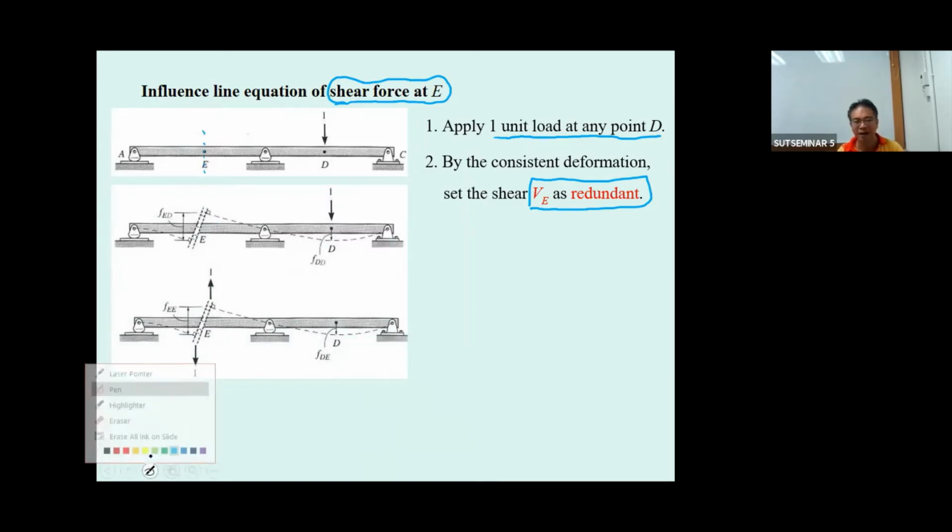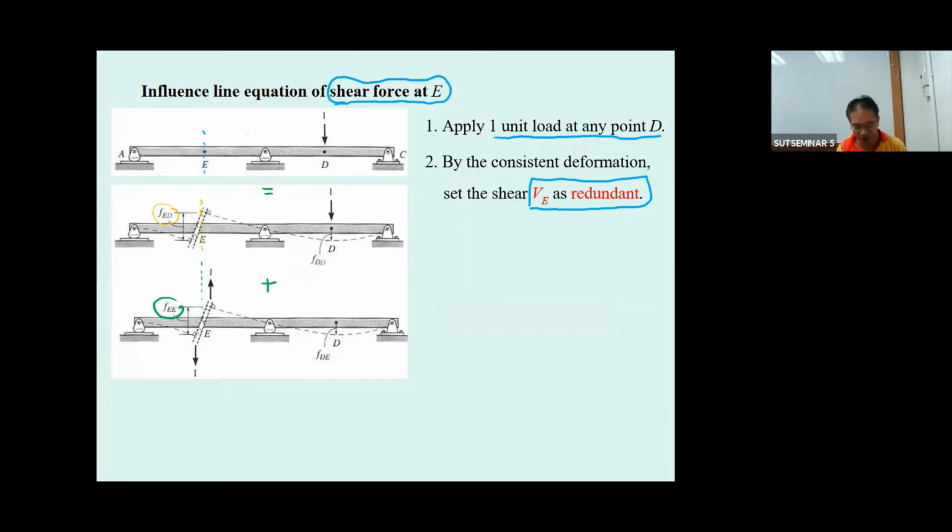This one is going to be the deflection at point E due to the force at point D, and this is the deflection at point E due to the force applied at point E. This one will be this one plus this one.